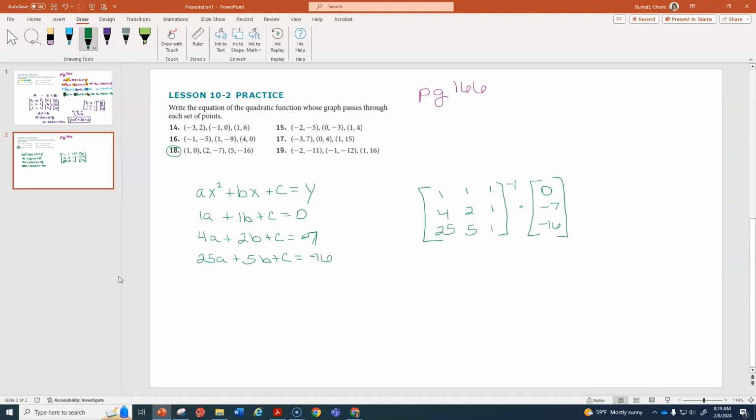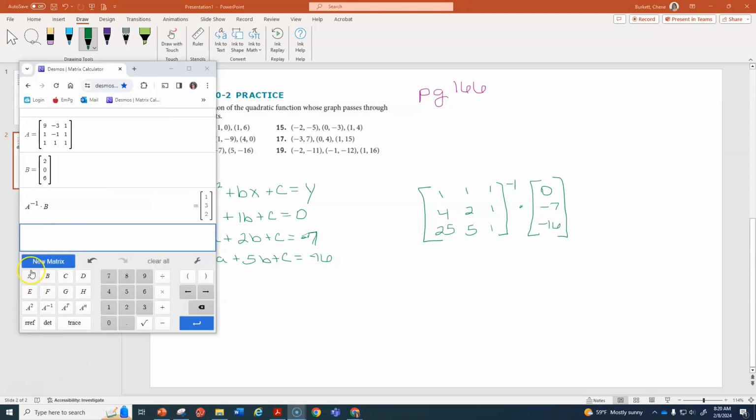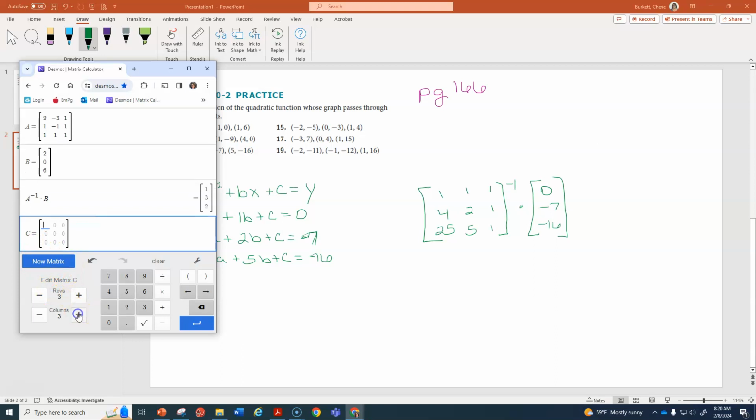And when I enter that into a matrix calculator, I'm going to enter a new matrix. They call it C. If you want to go back and rename it A, that's fine. It doesn't matter what you call it. But I do need to make sure it's a 3 by 3.